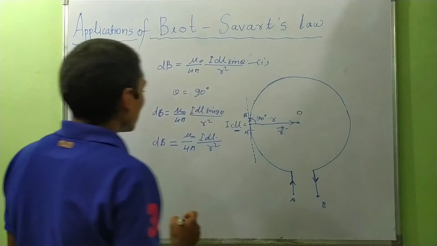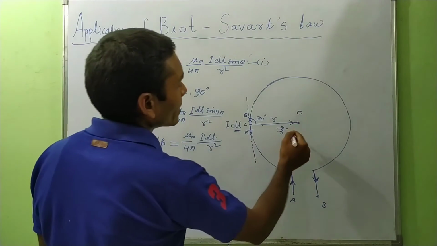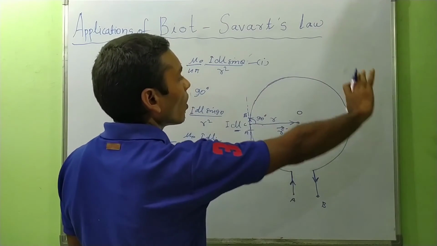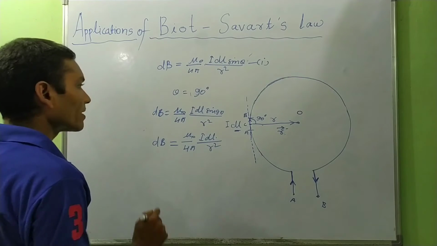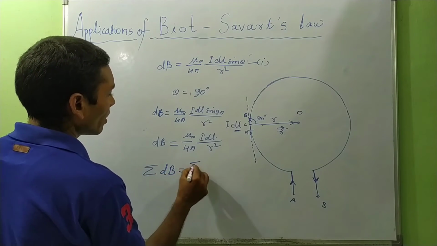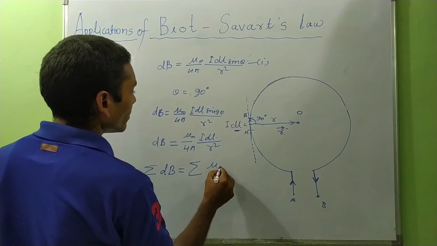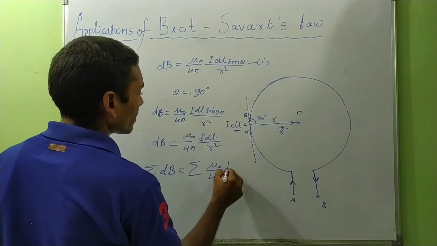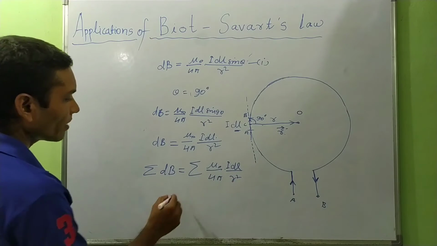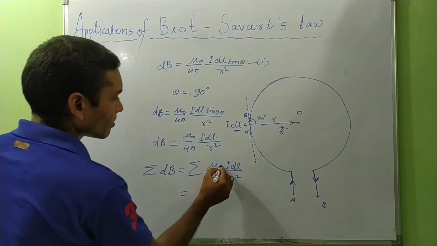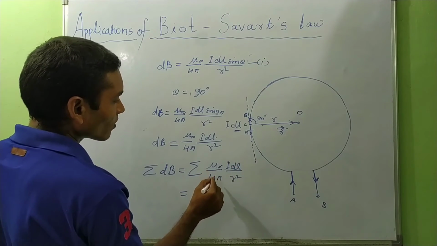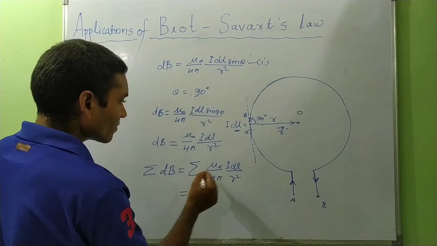Okay. Then the total magnetic field at point O due to all small elements will be the summation of dB, equal to the summation of mu naught over 4 pi, I dl over r square. Mu naught, also written as mu 0.